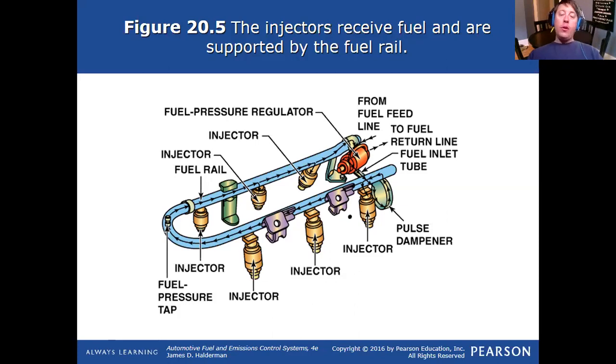So as your pump is moving, the armature is rotating, it's turning on and then off, then on, then off, then on, then off. And what happens is you have a burst of fuel, and then you have a slowdown of fuel. And then you have a burst of fuel and a slowdown of fuel. That's from the pump up to the rail. But then you have another issue. You have injectors on the rail that are opening and closing.